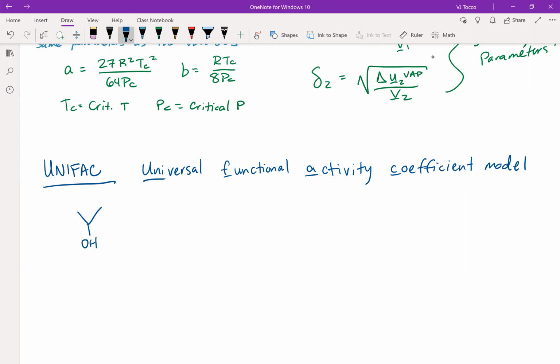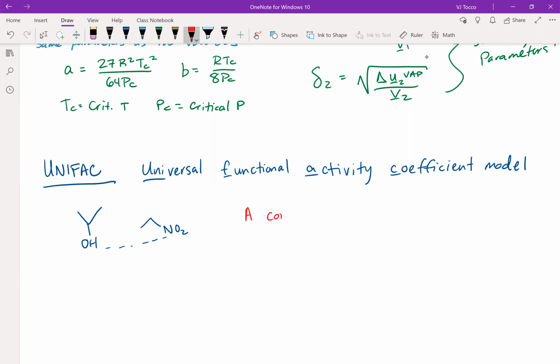So if you mix an alcohol with, I don't know, a nitro group, for example, then UNIFAC is able to predict the interactions between this alcohol group and this nitro group, and then it calculates the activity coefficients based on that. Again, there's a lot more that goes on in the back end, but this is one of the options that you might see in process simulation software.